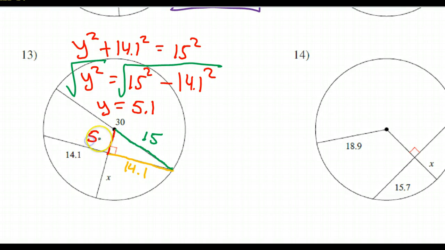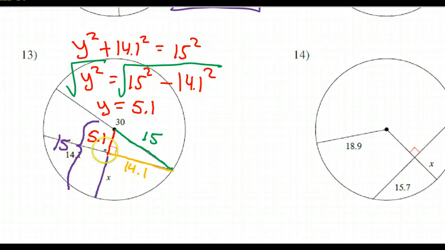5.1. Now remember that we are supposed to find x down here. And just like we did the last two times, we will pay attention to what the total is. The total radius, as you can see right here on the green, is 15.